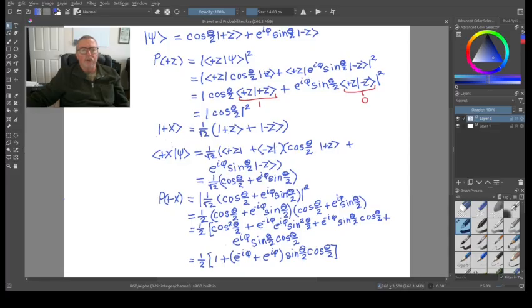Cosine theta over 2, sine theta over 2, and this phase difference, if there happens to be a phase difference. The probability of z, or the aligned axis, is we can take the Bra vector of the z and create a bracket with the state. And this will project the probabilities.